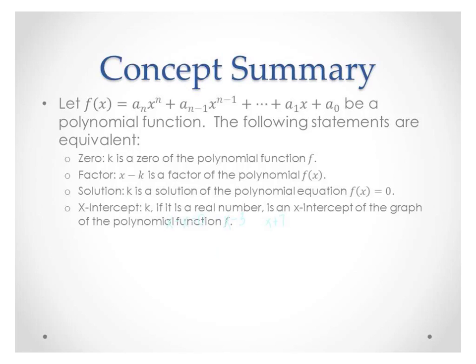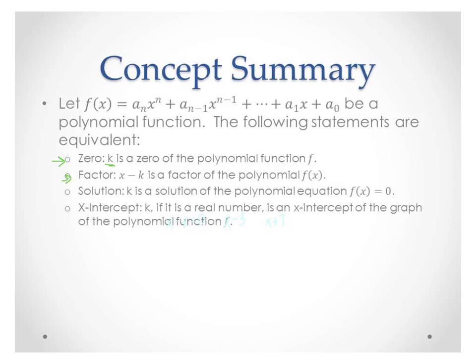If we have a polynomial, then the following statements are equivalent, meaning they mean the same thing. The first thing is a zero. If k is a zero of a polynomial function, so all the zeros we call k's, then we also have a factor.